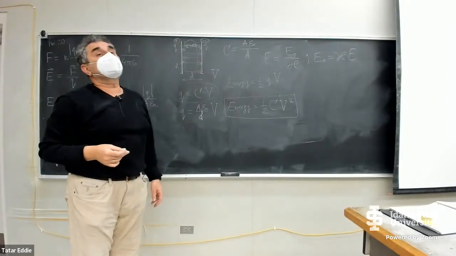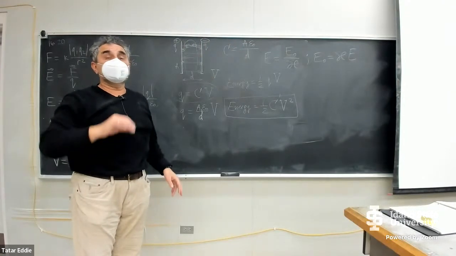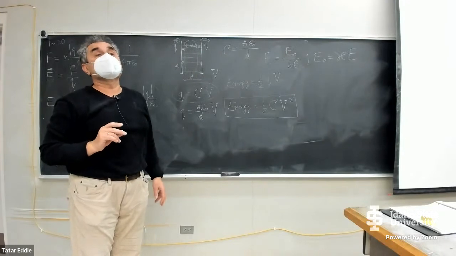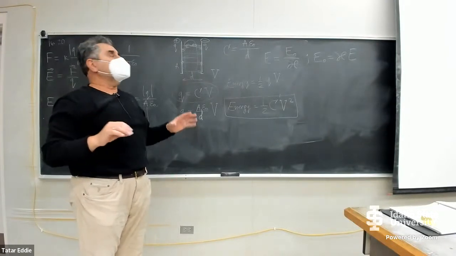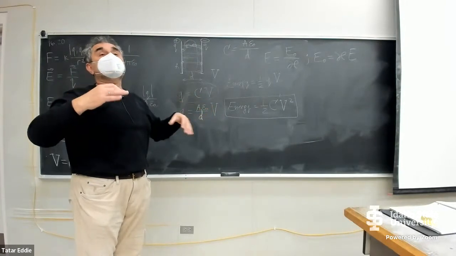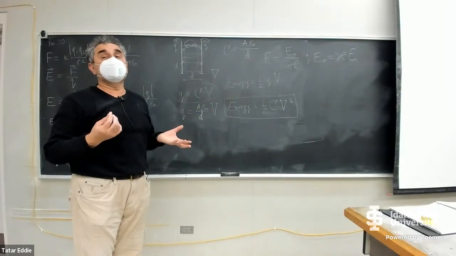This coefficient of proportionality kappa, or K, curly K in your textbook, is called the dielectric constant. It tells you the factor by which the electric field is reduced due to the presence of dielectric material.